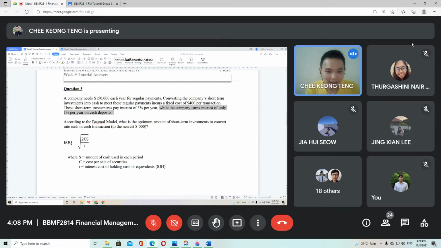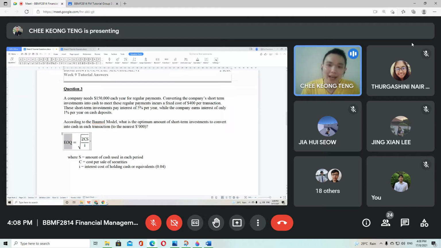At the end, it's in RM. Your EOQ is in RM. And this EOQ, in cash management, it means the amount that every time you finish your cash already, when you want to withdraw the cash from sales of security or by any way, you need to withdraw that amount, the amount that you calculated.